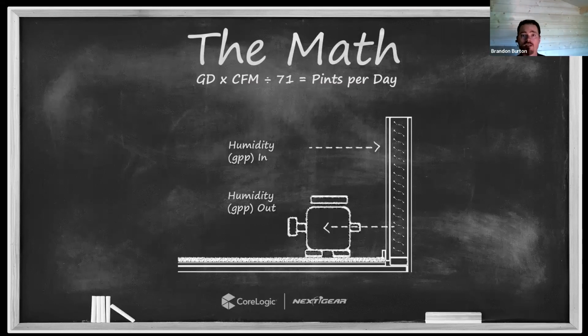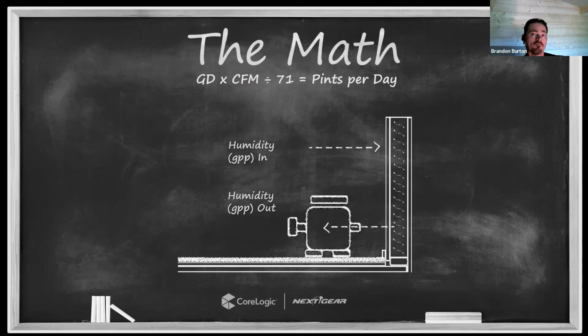Grain difference between what you're putting into a cavity and what's coming back out, that grain difference times the CFM of the system you're using to circulate it, divided by 71 equals pints, right? So if I want to know how well my dry force is drying a hardwood floor, for example, then I would measure the air in the room above the hardwood floor.